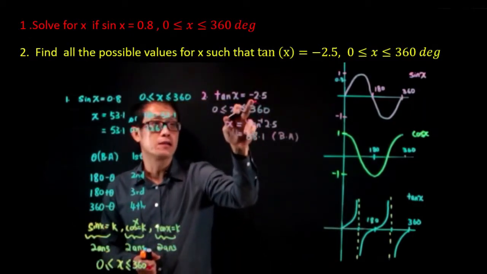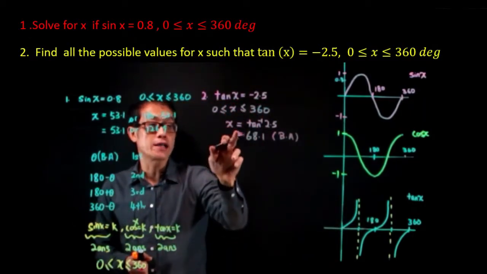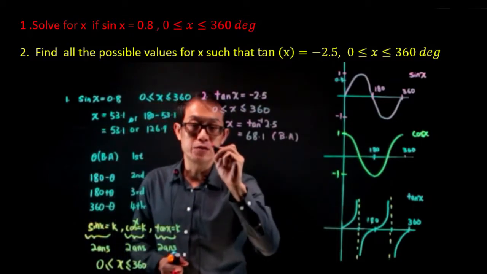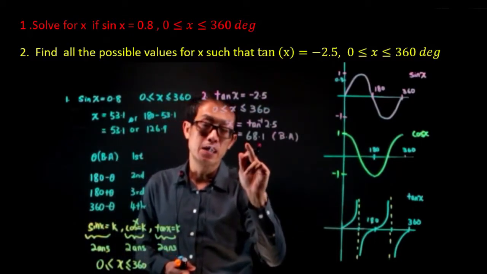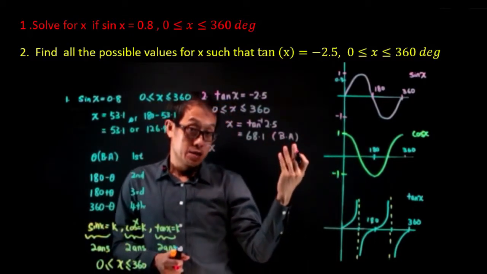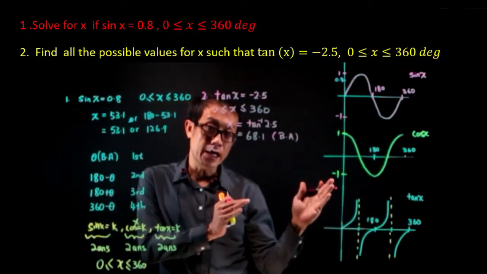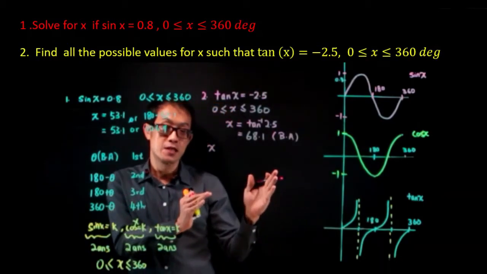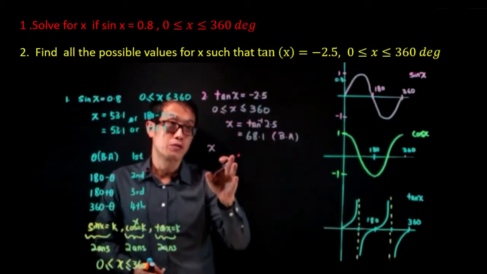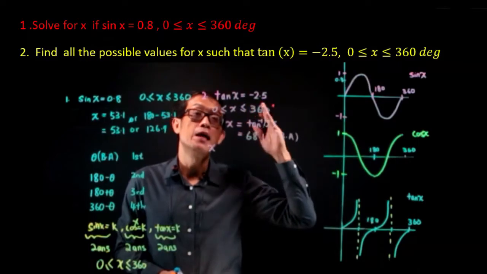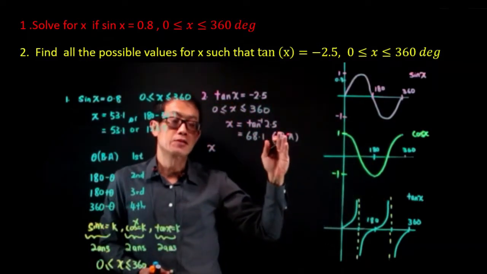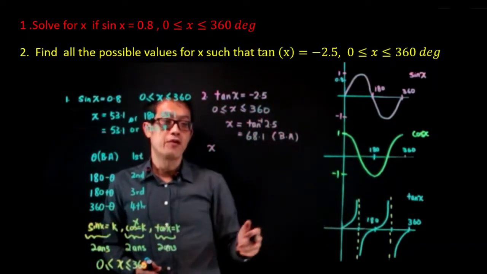But you know that tangent x is negative, so x cannot be this. So what are the values of x? x must be in the second and fourth quadrant, because tangent x is positive in the first and third quadrant. So when it is negative, x has to be in the second and fourth quadrant.